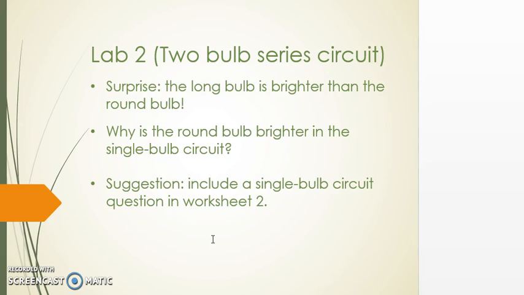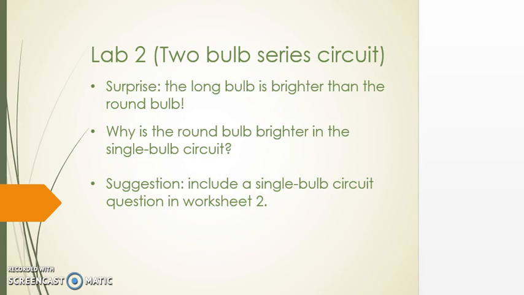Go to the two bulb circuit and the long bulb is brighter than the round bulb. And again, my concern is that this surprise is not really addressed in the notes, and it's such an obvious thing for the students to notice that I think it really does need to be addressed. So why is the long bulb brighter than the round bulb?